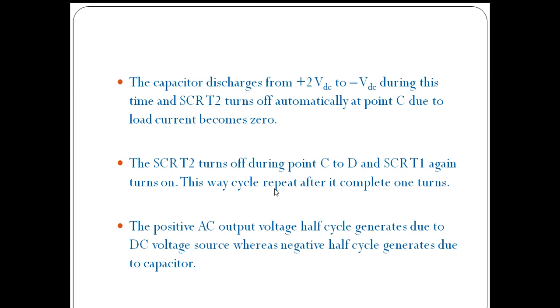The capacitor is responsible for the negative half cycle, and the DC voltage source is the cause of the positive half cycle.